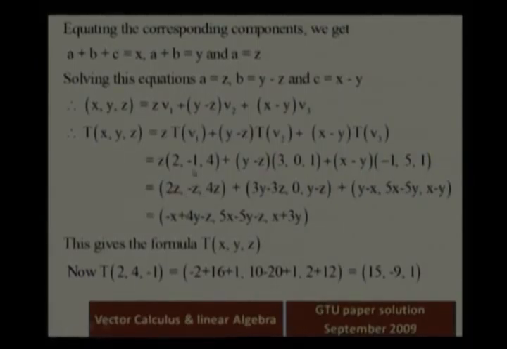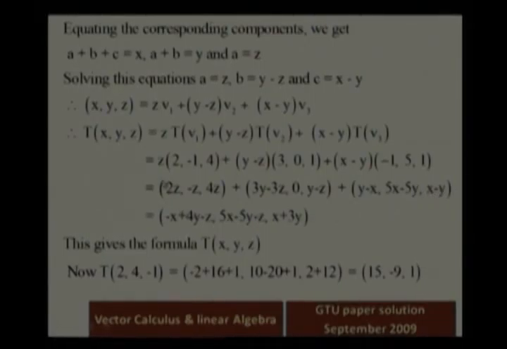So 2z minus z, 4z, multiply z in this vector, we get 2z minus z, 4z plus y minus z into 3 0 1, so we get 3y minus 3z, then 0, and y minus z plus x minus y into minus 1 5 1, so we get y minus x, 5x minus 5y, and then x minus y.